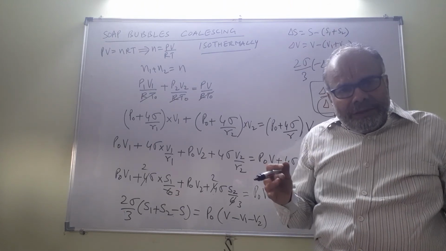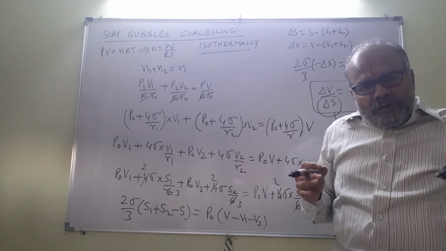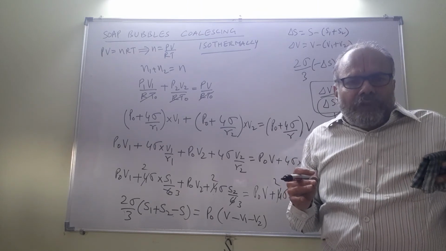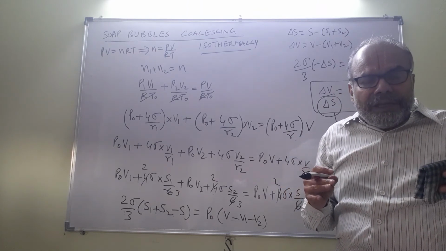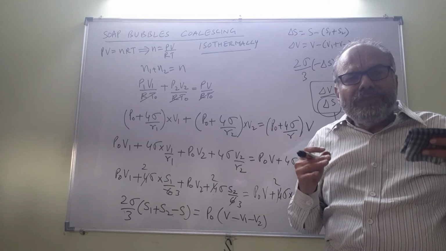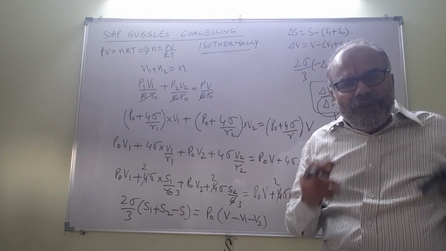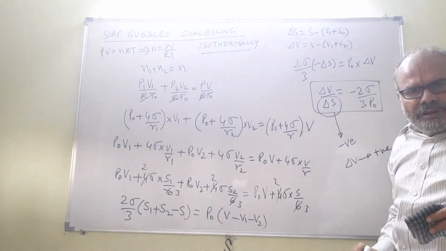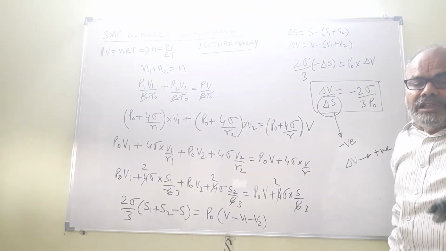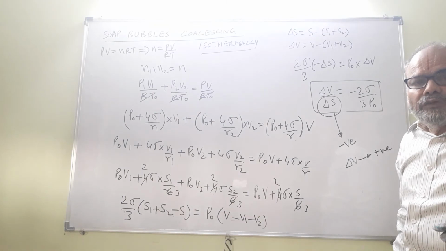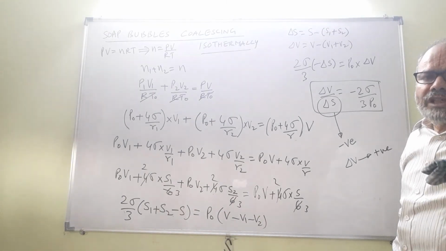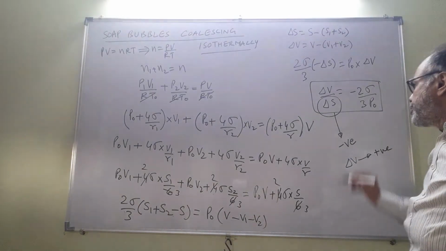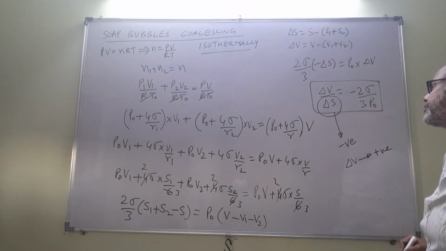Because it is expanding. Any expansion is positive work. So there is a transfer of energy from the bubble to the atmosphere. Where will that energy come from? It has to come from the surface energy, surface potential energy. The surface potential energy therefore reduces. Therefore, the surface area must reduce. That is why you are having delta S as negative.